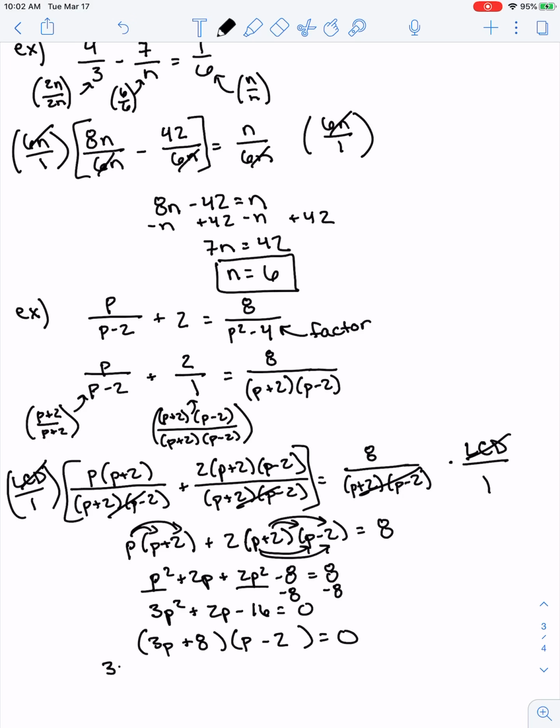So I can now set this factor equal to 0 and this factor equal to 0. And I get an answer of negative 8/3 for one p and a positive 2 for my other.